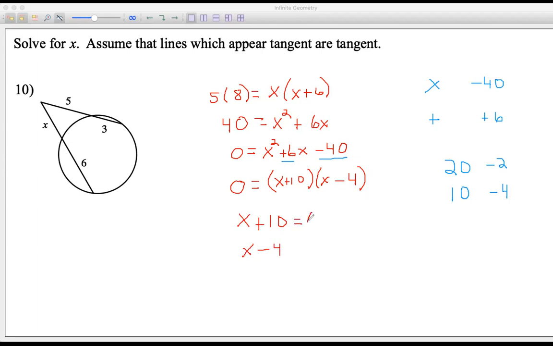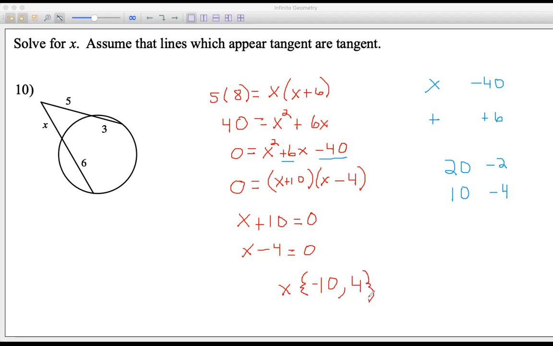We get two possible answers. Negative 10 is a possible answer, or 4. One of those is the answer.